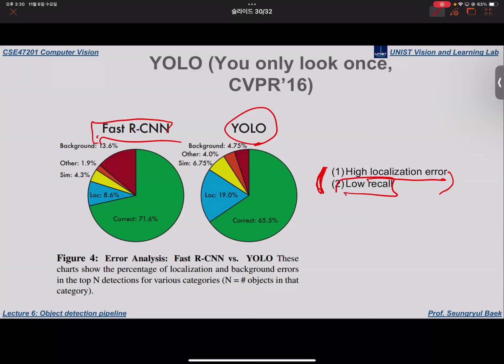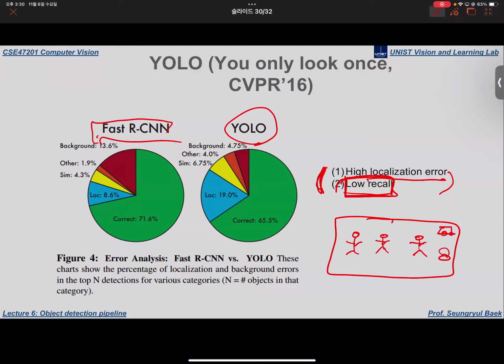And also, the second important problem in the error statistics of YOLO is that they have low recall. So they could have high precision, but their bounding boxes will not cover all the objects in the images. So let's say in the image, there are many foreground objects, humans and dogs, and some cars, right?